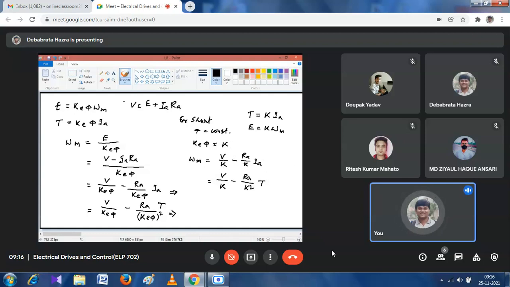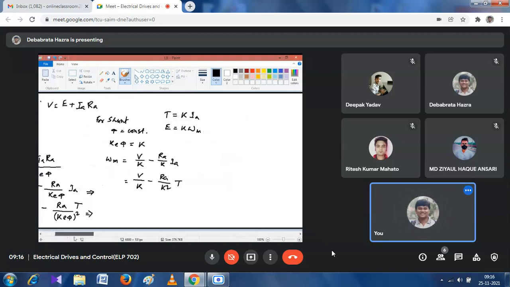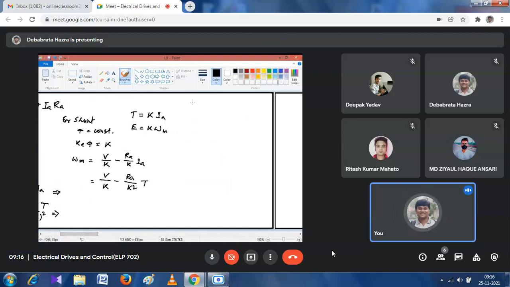And what should be the equation for series motor?